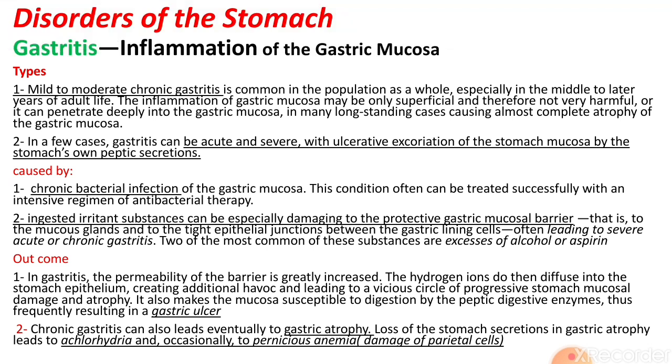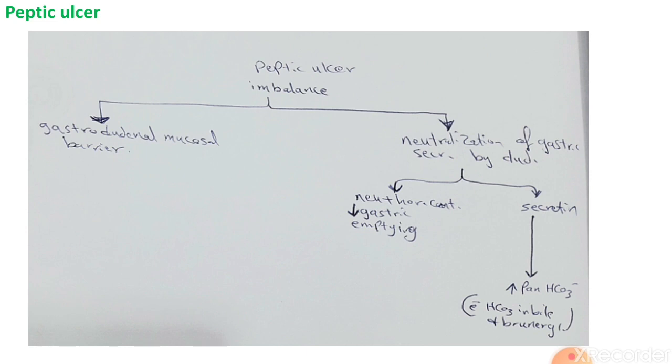The other important subject in the disorders of the stomach is the peptic ulcer. Peptic ulcer occurs because of an imbalance between the gastroduodenal mucosal barrier and the neutralization of the gastric secretion by the duodenum.